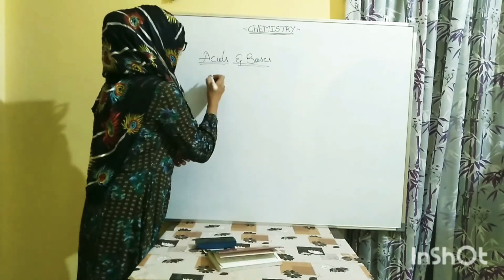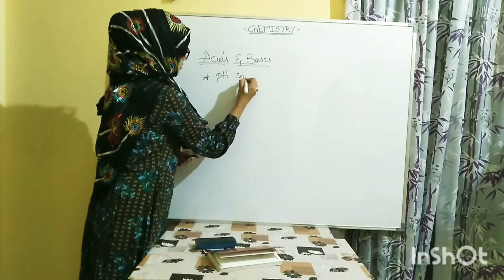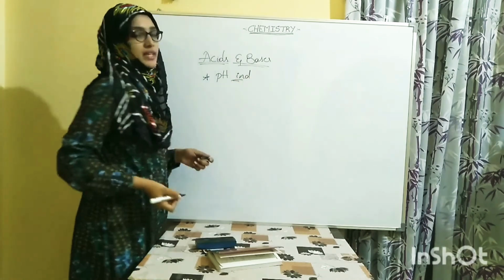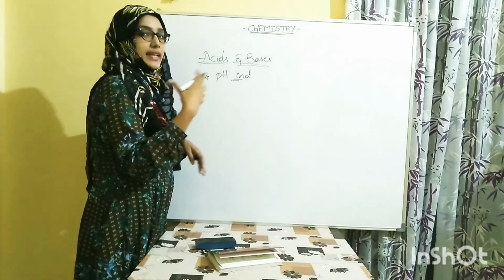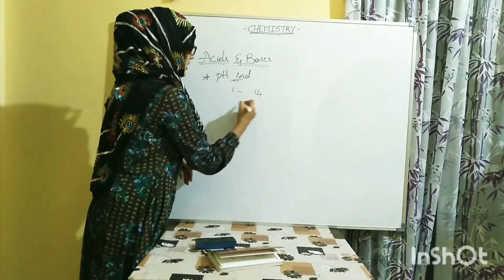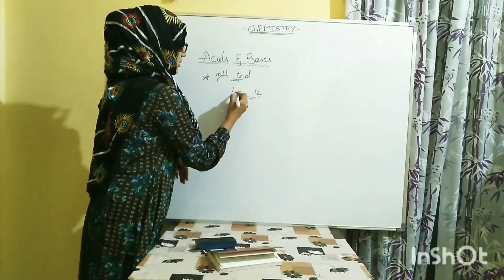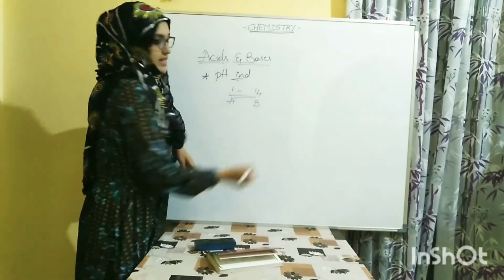So the same way, pH indicators. You'll study about it later. There will be a pH scale 1 to 14 that will decide whether the given solution is acidic or basic.